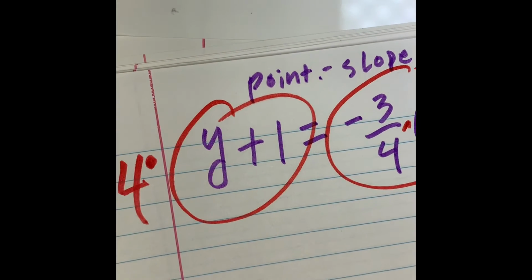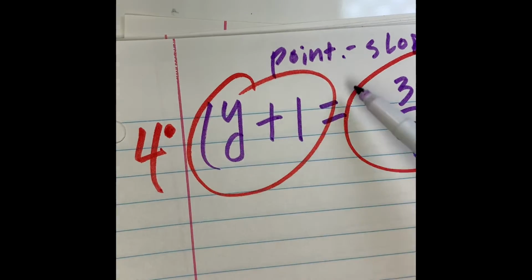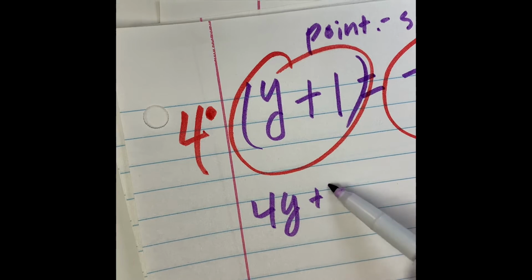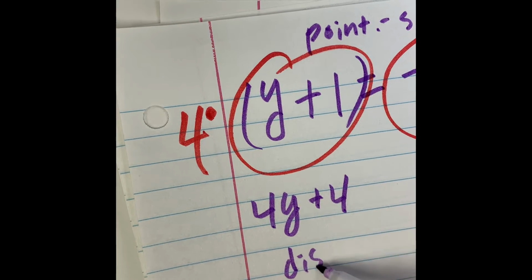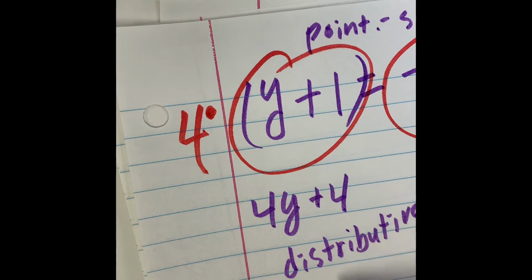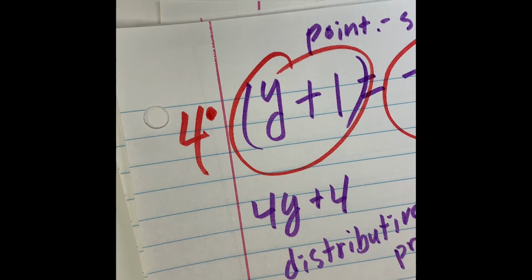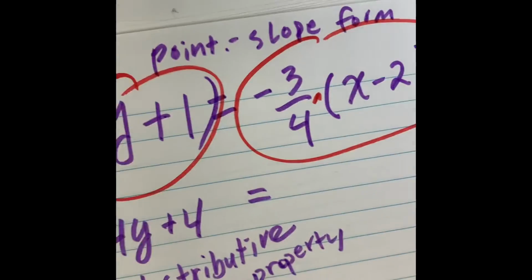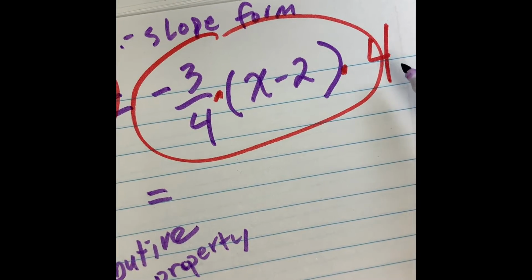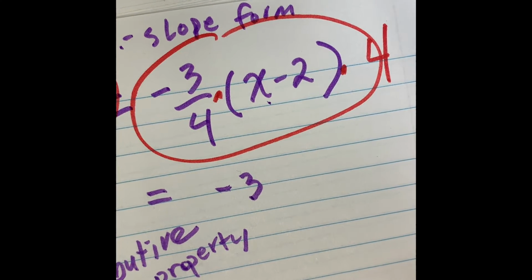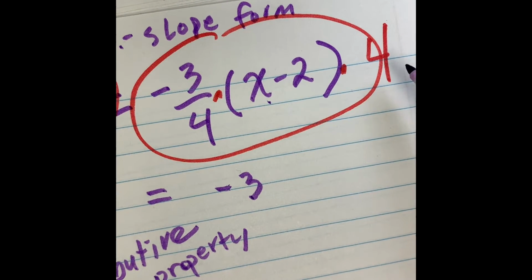4y plus 4. Thank you. You applied the distributive property. That is equal to -3/4 times (x minus 2).